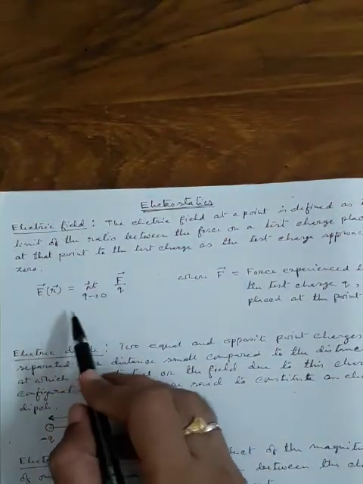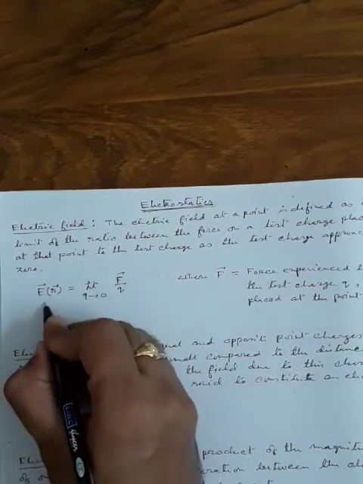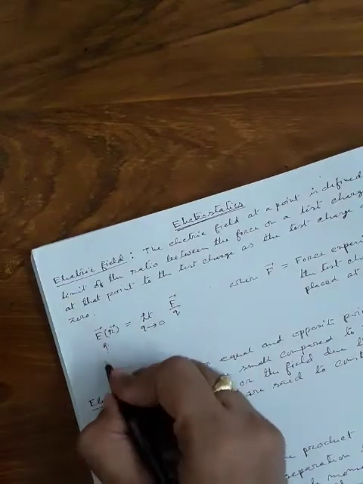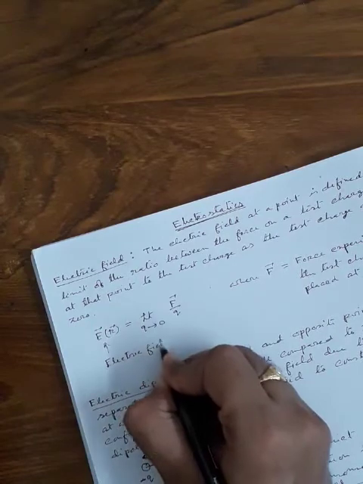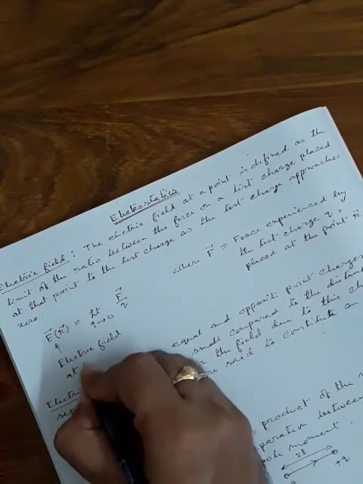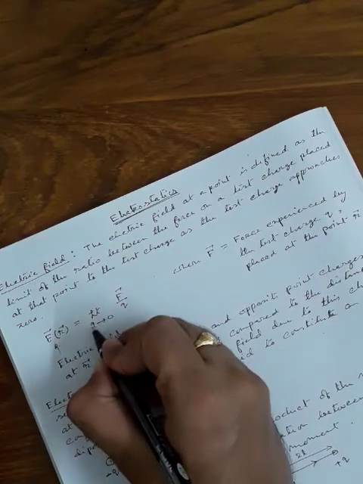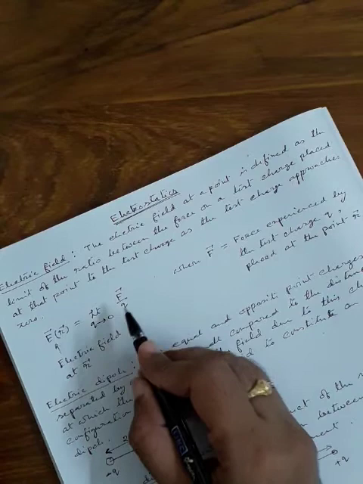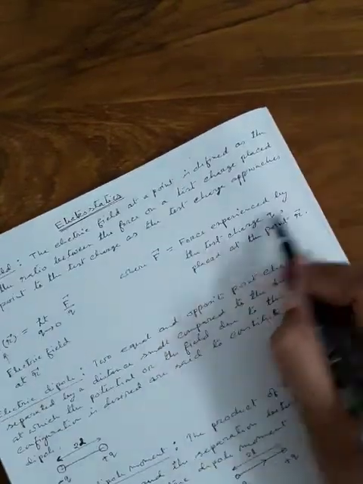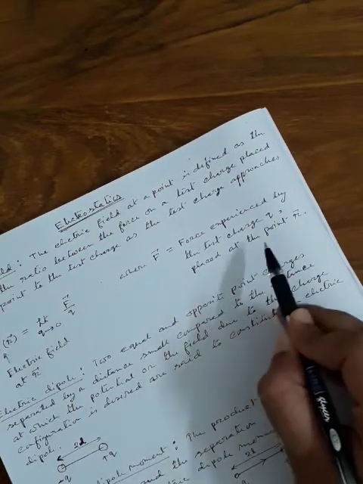In mathematical form, electric field at a certain point r is equal to limit q tending to 0 F by q, where F is the force experienced by the test charge q placed at the point r.